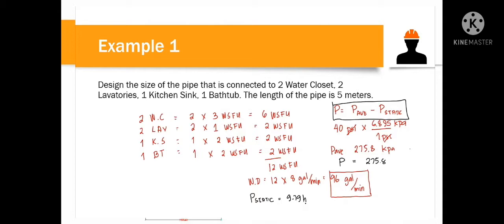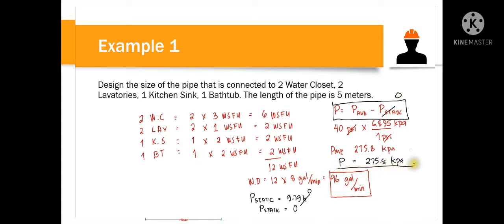So, therefore, our H here is equal to 0. So, our P static here is equal to 0. Okay? So, we have our P, or we have the net pressure here equal to 275.8, since again, our static here is equivalent to 0.